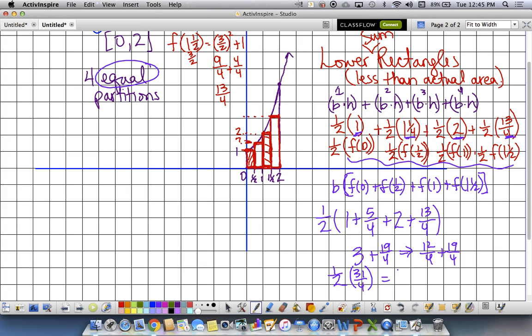And guess what? That's exactly what they're going to say. Why did I write 38? 31/8. Okay? So my lower sum is equal to 31/8. If I did my math right, we're going to go back and see. Oh, they give it in decimals.